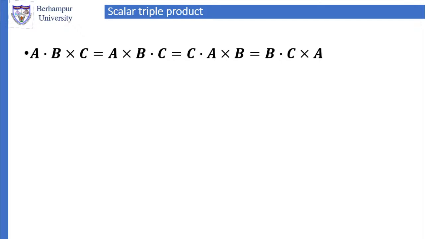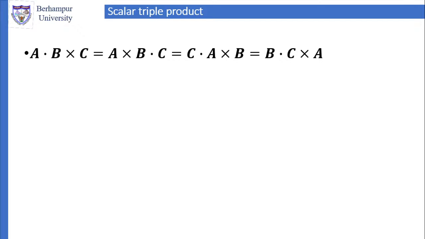Similarly, we can use C dot A cross B. A cross B is a vector, C is a vector, and we have a dot product. Therefore, we can interchange that. That is the same as A cross B dot C. So A cross B dot C is the same as C dot A cross B.